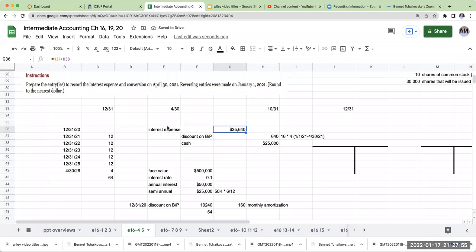I could have also shown this as being, well, is that the true amount?